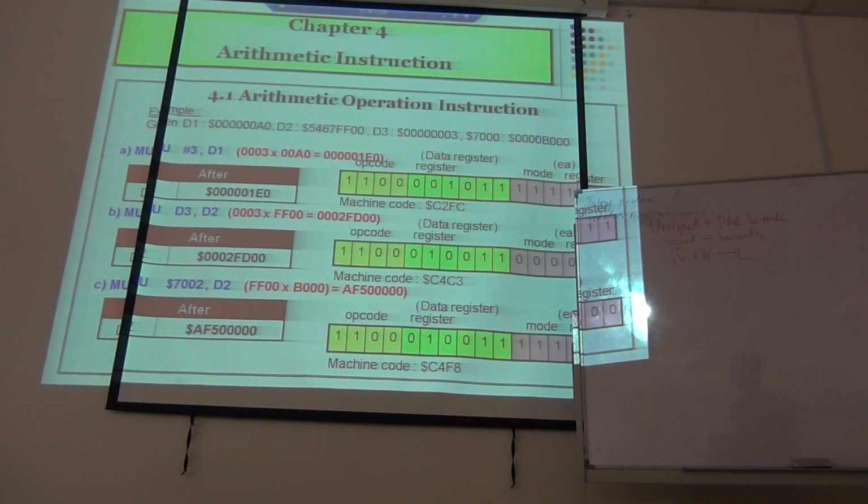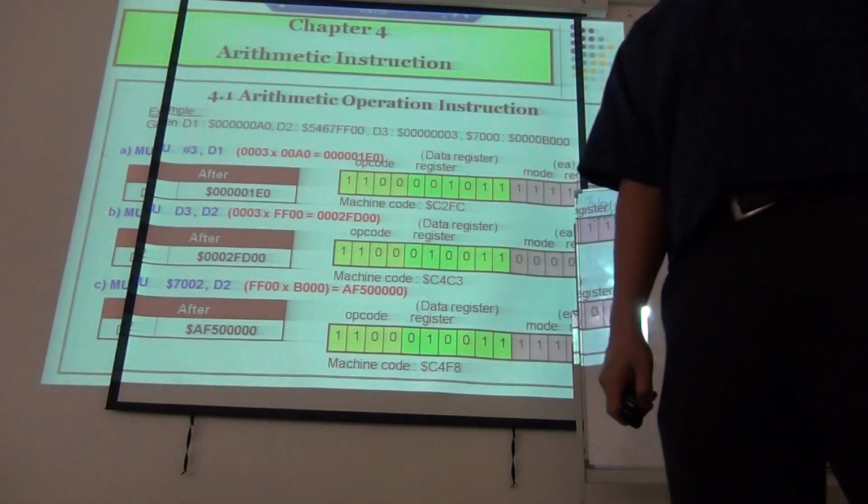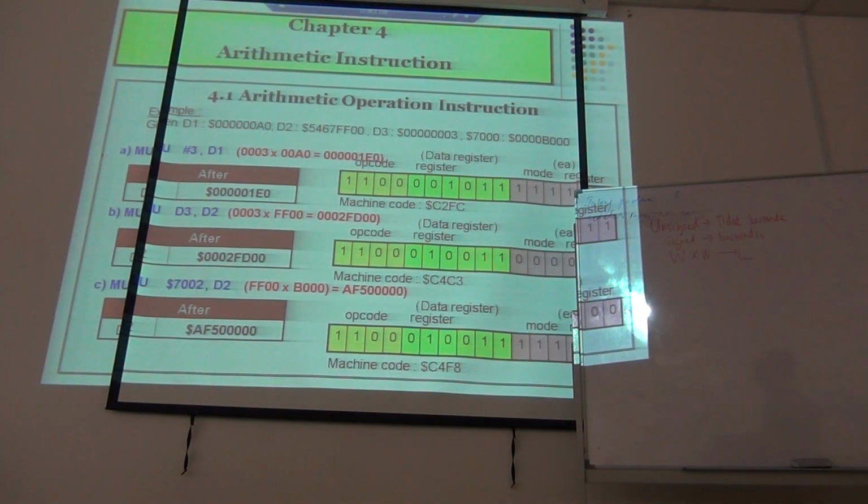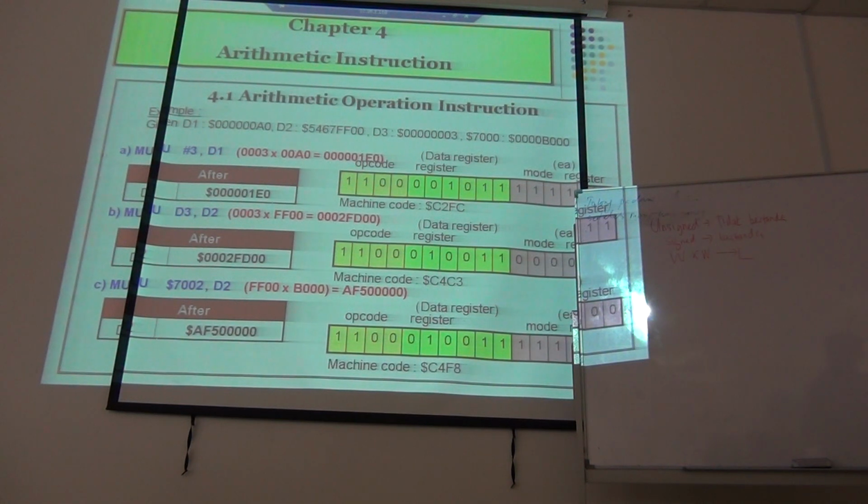Let's look at the answer first. From the simulator, it's very simple here. Multiply unsigned #3. Hash 3 is a decimal number; without a dollar sign it is a decimal number. So it doesn't matter, 3 in decimal is equivalent to 3 in hexa.